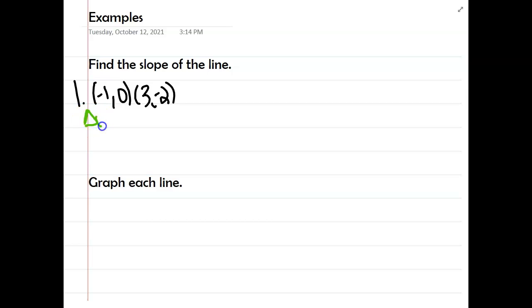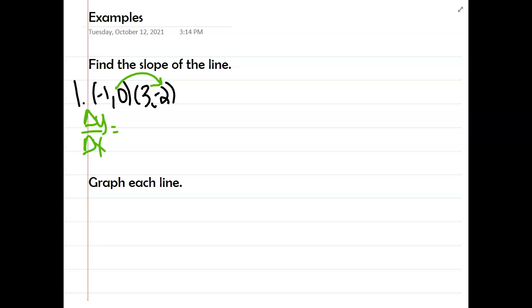Okay, so to do change in y over change in x. The big thing, you have to make sure you go from one y coordinate to the other y coordinate. I find it really helpful to picture a number line in your head. So if you were starting at 0 and you needed to get to negative 2, you have to include a direction, which would be negative, and a distance.